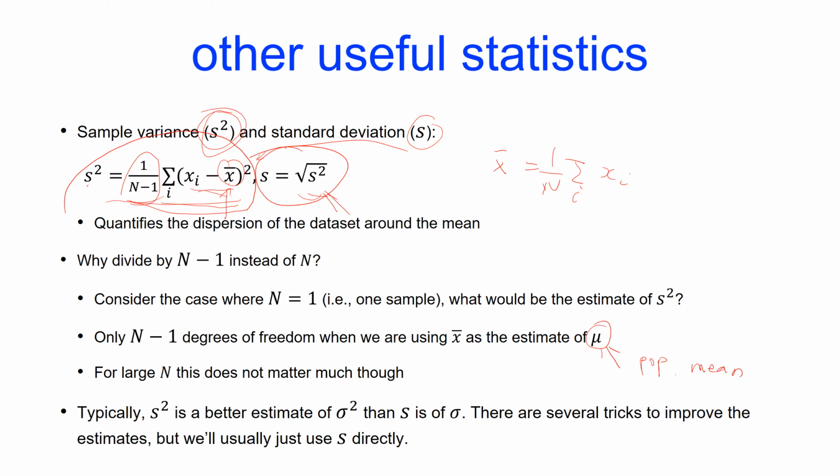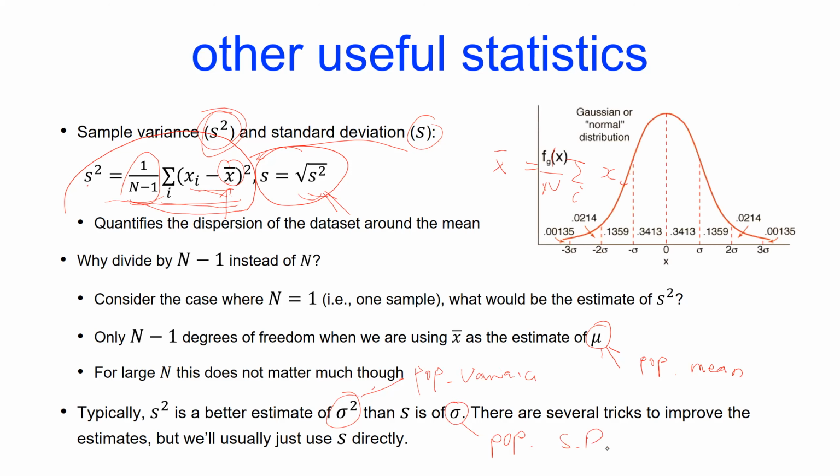We usually use sigma square to denote the population variance, and we usually use sigma to denote the population standard deviation. Okay, those are terminologies. We never change the notation, so across different textbooks, you will see exactly the same thing.